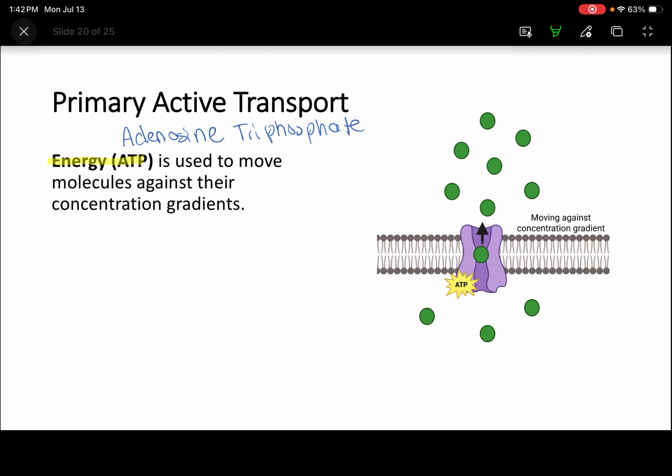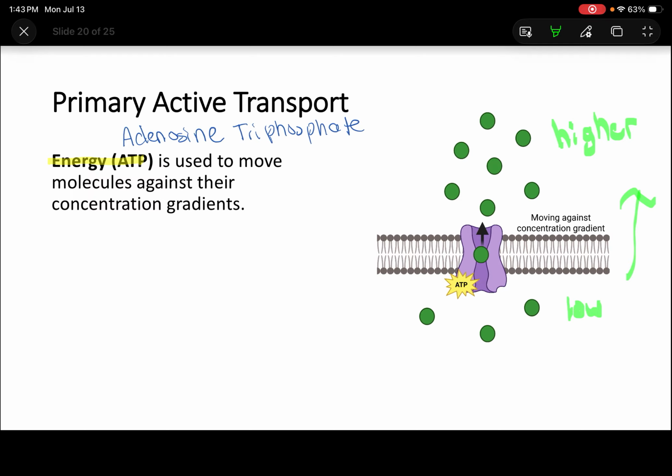So in this example here, I have a little green molecule, and it has a lower concentration inside and a higher concentration outside. So usually, if it was following its concentration gradient, it would want to go from outside in. However, if we want to get this molecule inside out, if we want to go from low to high, we would use a transport protein in the membrane along with that ATP.